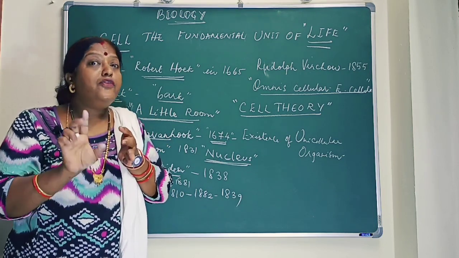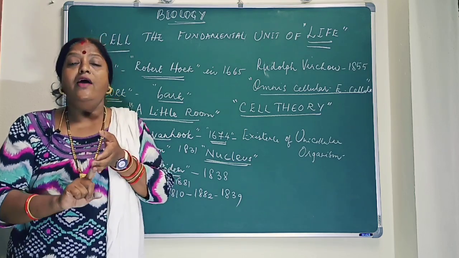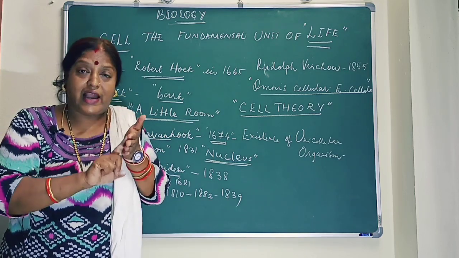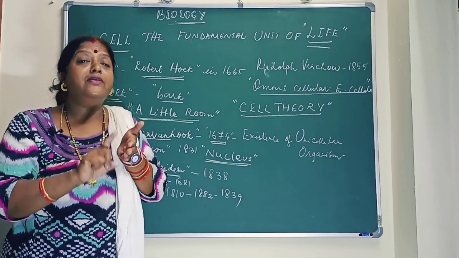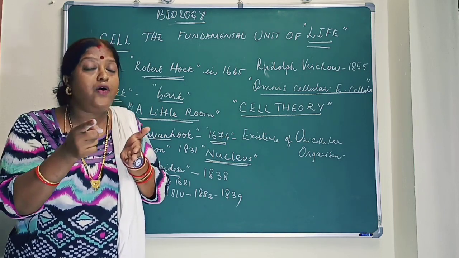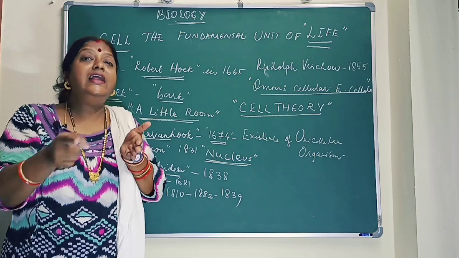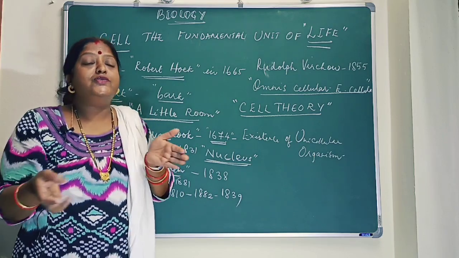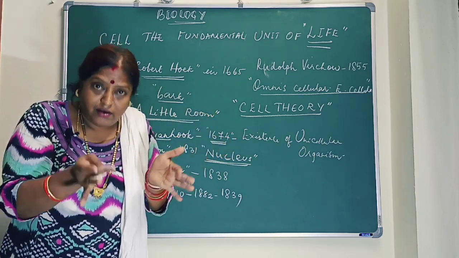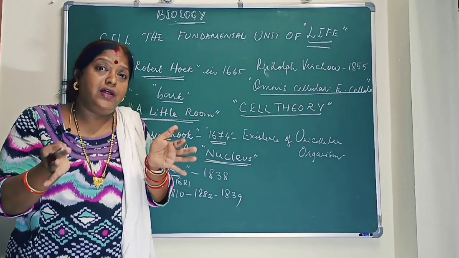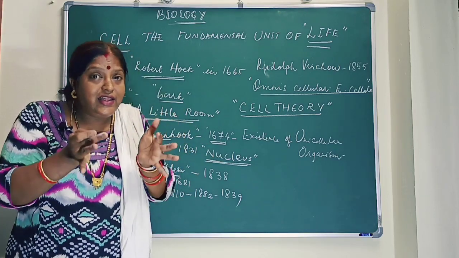Okay, and then the fourth one is very important, children. The function of the organism depends on the function and interaction of different cells in an organism. Okay, so all the organs interact with each other.